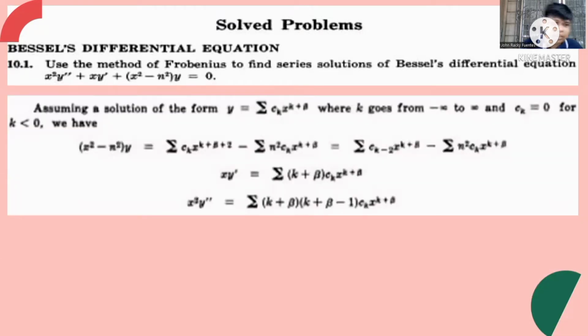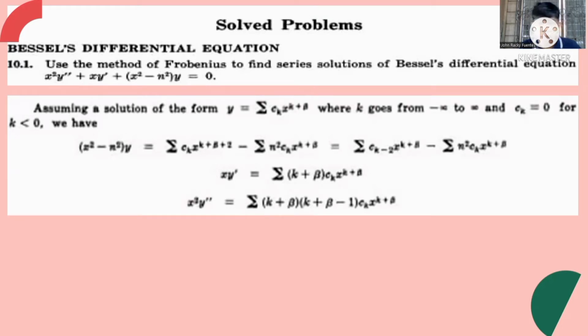Yung first step natin is assume daw natin yung solution. Assuming a solution, the form is, ito yung form niya, y is equals to the summation of c sub k x raised to k plus beta, where k goes from negative infinity to positive infinity, and c sub k is equal to 0 for k less than 0.